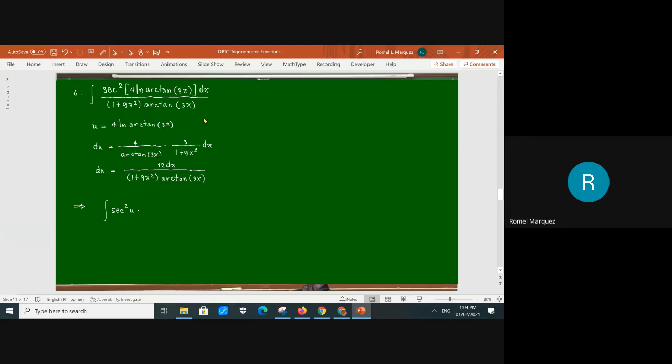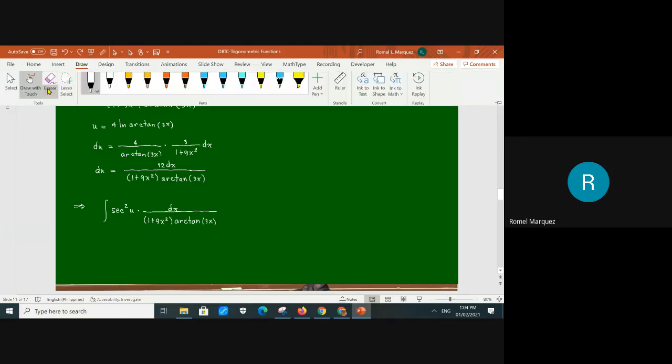So this is supposed to be the du, dx over 1 plus 9x squared, everything in the denominator, arctan of 3x, no?